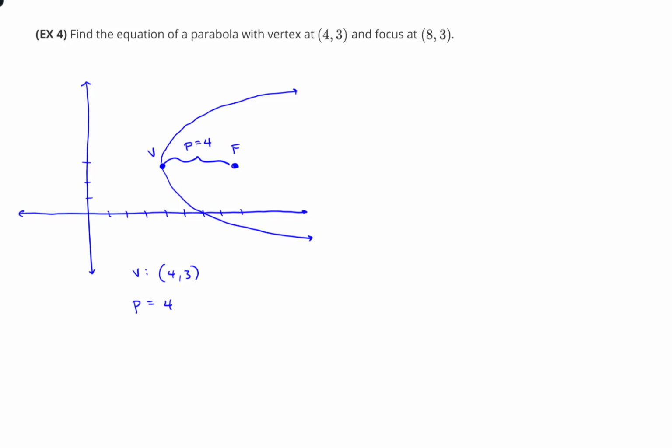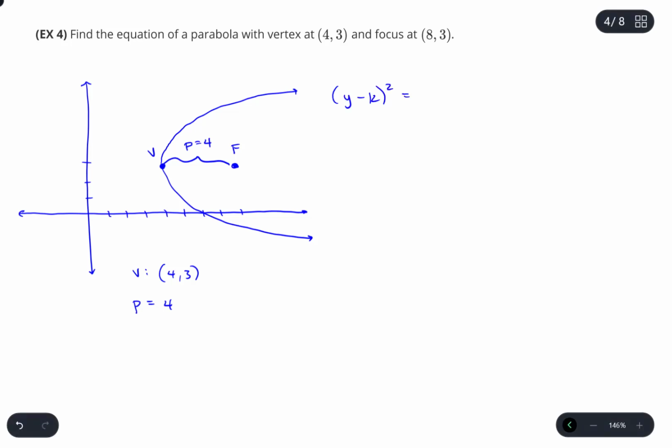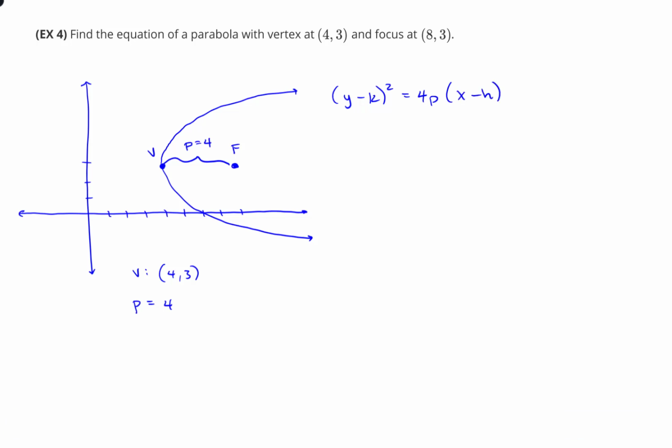And that's really all I need. I know it's opening to the right, so the y variable would be squared: (y minus k) squared equals 4p times (x minus h). That's the standard form, and I just put the different pieces in.